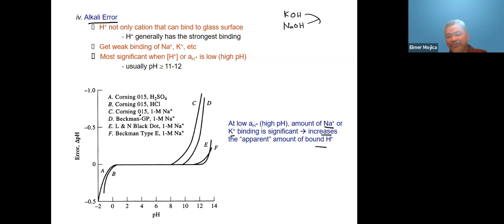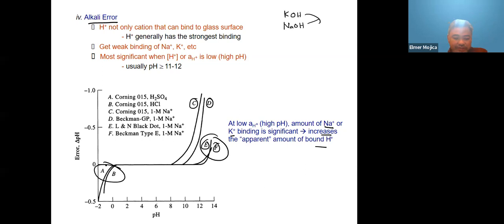Now, if it's Corning, the same Corning, but you have 1 molar NaCl, so ito. If it's the Beckman, okay, dito banda. Now, kapag yung ibang type, 1 molar, so iba-iba yung reading ng given electrode. Okay, or as what we call caused by the so-called alkali electrode. Now, we could say this is your alkali error.